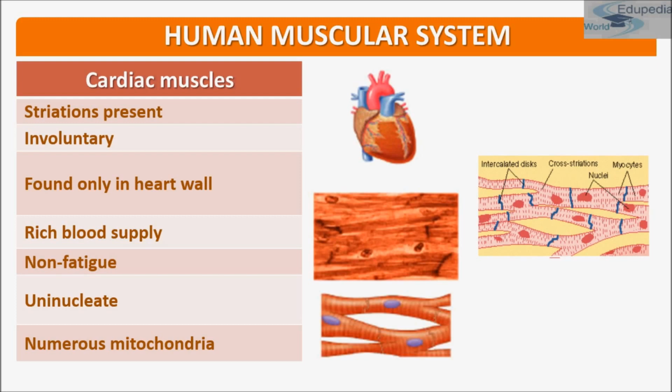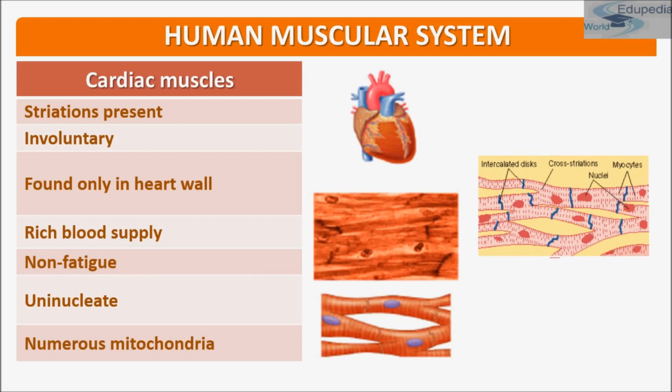However, this type of muscle is highly specialized. It is under the control of the autonomic nervous system, that is ANS. However, even without a nervous input, contraction can occur due to cells called pacemaker cells. Cardiac muscle is highly resistant to fatigue. That means it doesn't get tired. Now why doesn't it get tired?